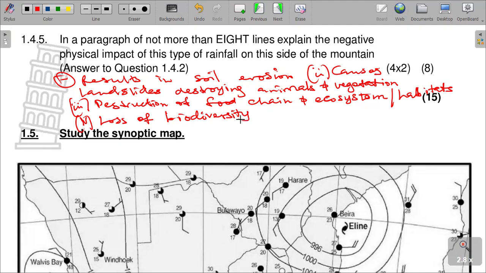These are some of the problems that would also result there, and we can give even destruction of infrastructure. Our roads, our buildings, infrastructure is destroyed because of this rainfall.